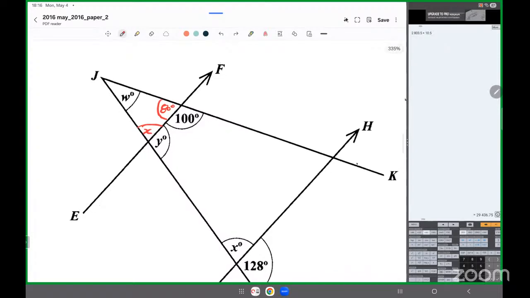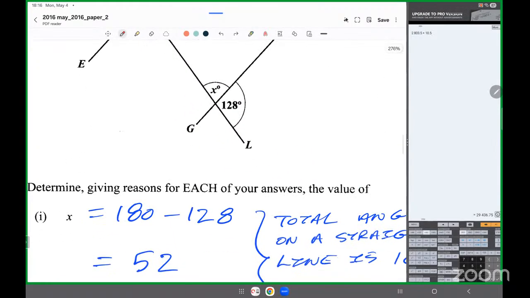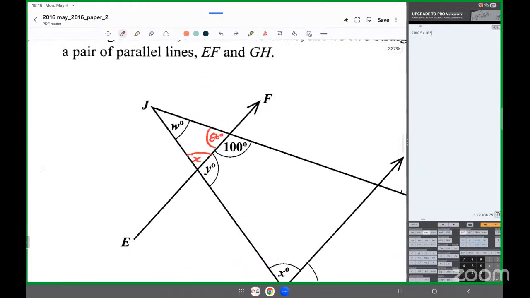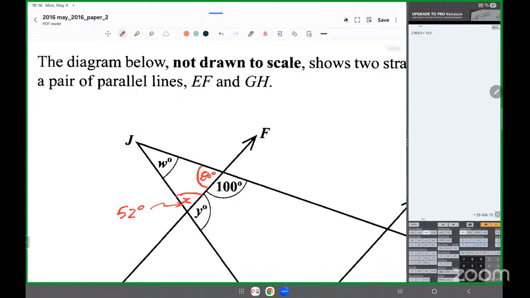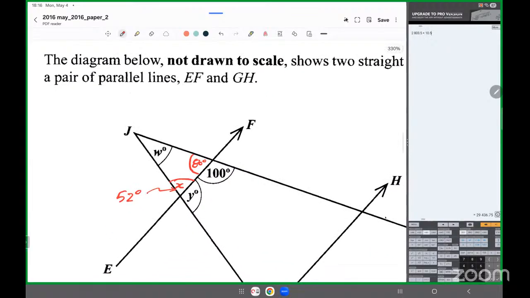What is the X again? The X was equal to 52, wasn't it? So this angle is X, which is 52 degrees. And therefore the W becomes 180 minus the 52 and the 80. Working in this triangle up here, the total angle in that triangle is 180.